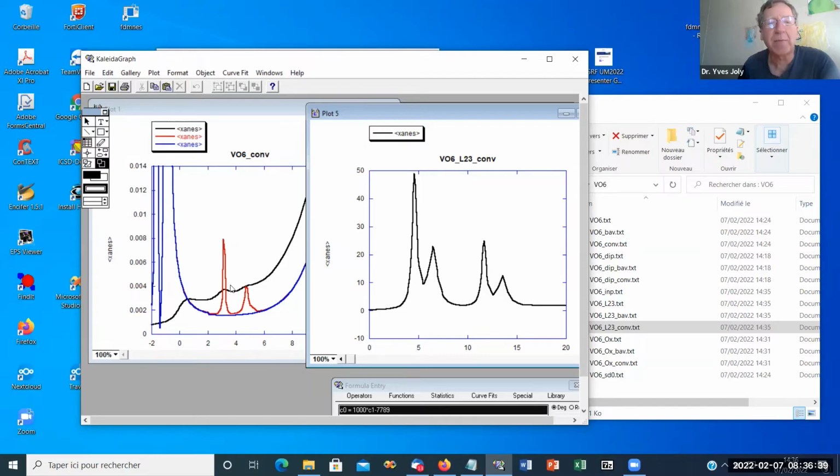You remember here we were probing by the quadrupole the 3D state, and in fact, at the L2,3 edge, because of the selection rule delta L equal plus or minus 1, now you probe the 4S state, but also with delta L equal plus 1, because you start from the 2P state, you probe the D state. So that's why it's more or less the same shape. And this one is for the L3, and this one is for the L2.